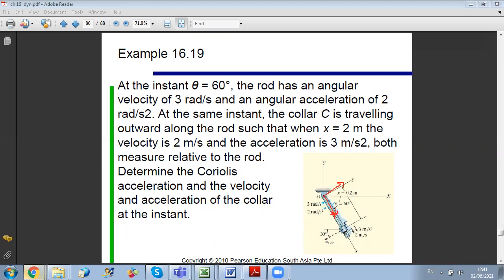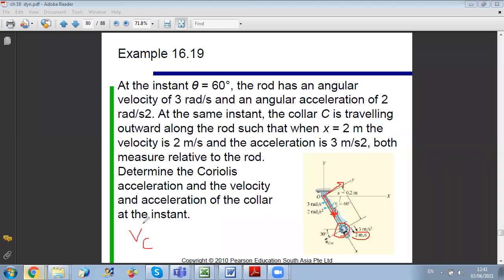On the other hand, for collar C, it's different because C has a relative motion with respect to the rod. So I should apply the formula of rotating axis and I have the relative velocity. Now if I want to calculate VC, I should use the following relation.